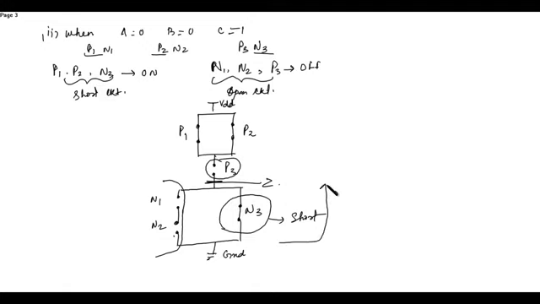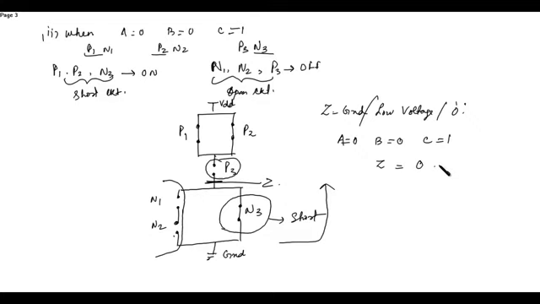So the low voltage is obtained at the output. So Z is either, you can say, ground or the low voltage or 0. So when A is equal to 0, B is equal to 0, C is equal to 1, then the output obtained is 0.